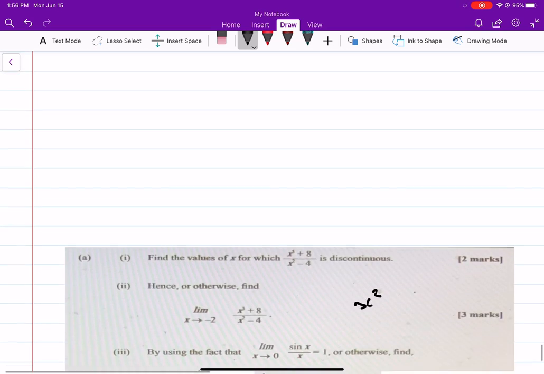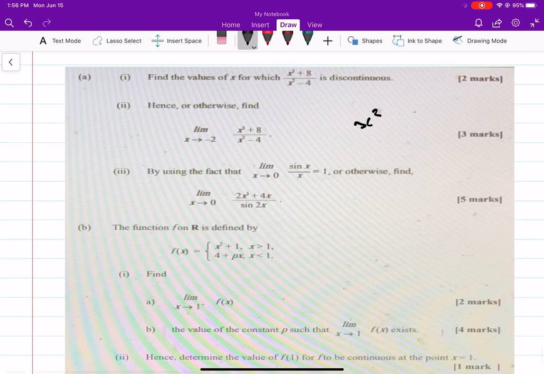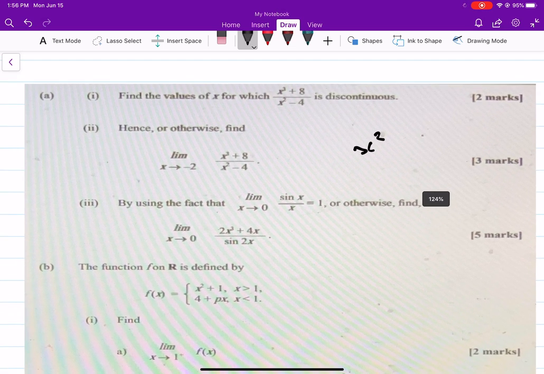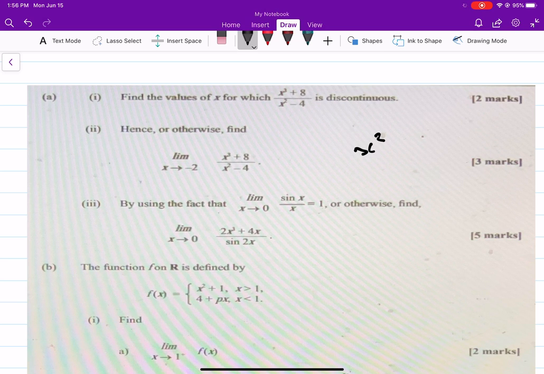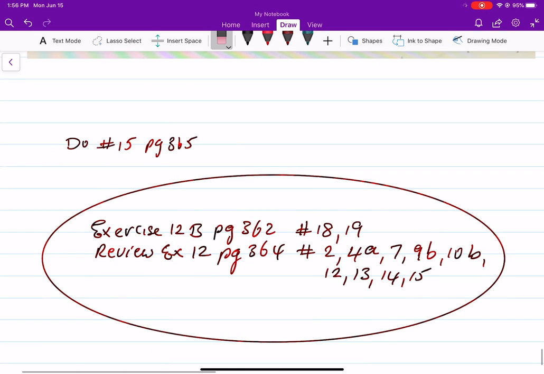All right, let's try the next question. Find the value of x for which that function is discontinuous. A rational function of that nature is discontinuous for the values of x that make the denominator 0. That's where you have the vertical asymptotes. So let me start setting that question up.